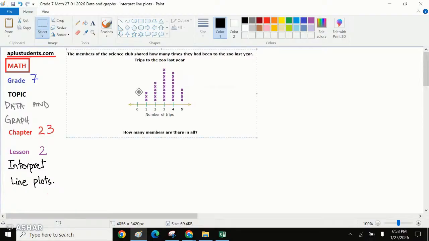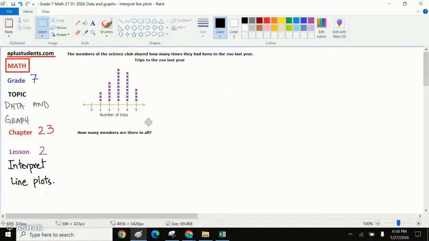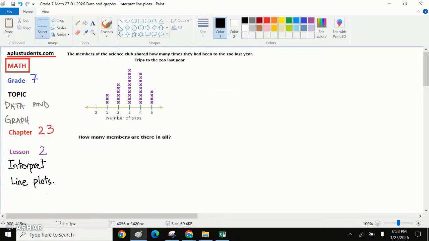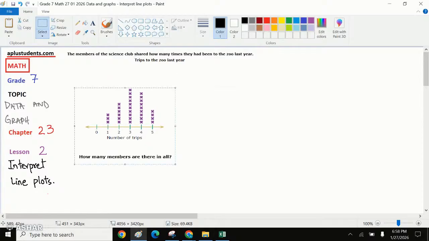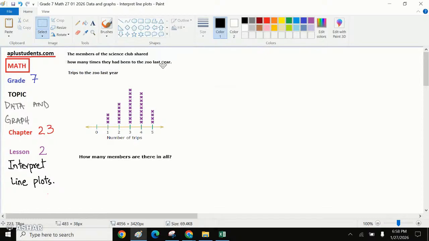So this diagram over here represents a line plot. A line plot means there is a line given. On the line there is some information and there are some markings. So by considering the markings we need to find this value.